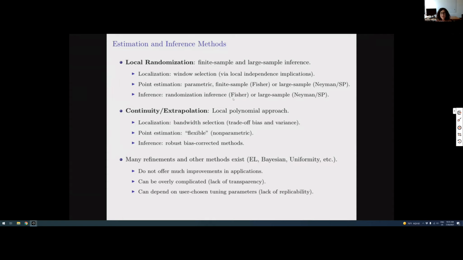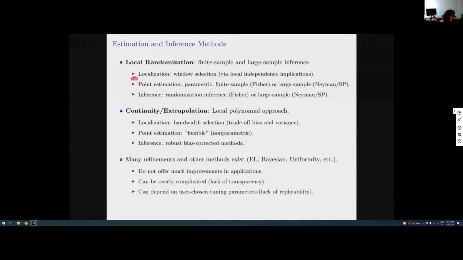There are a lot of things that these approaches have in common. Basically, we are going to need localization. We're going to go close to the cutoff before we do anything else. Why? Because unless we want to make very strong parametric assumptions, our assumptions are going to require us to go close. This will mean that we either need to select a window in the case of local randomization, or in the case of local continuity, we need to select a bandwidth.